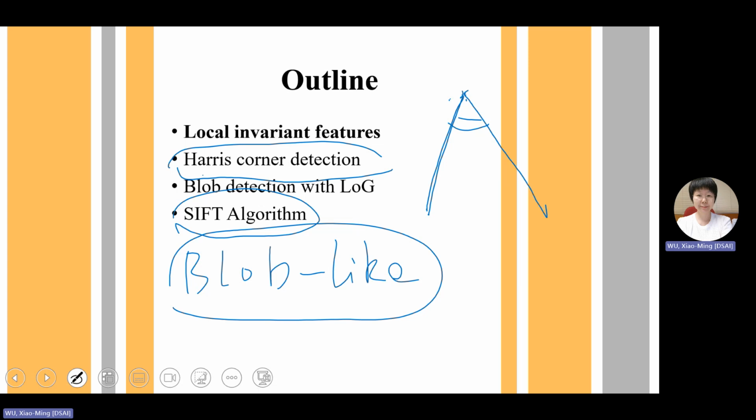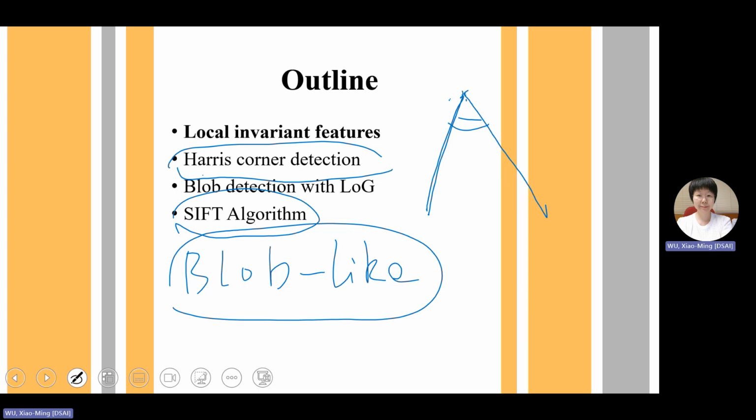Edges are where there are significant changes in pixel values, right?